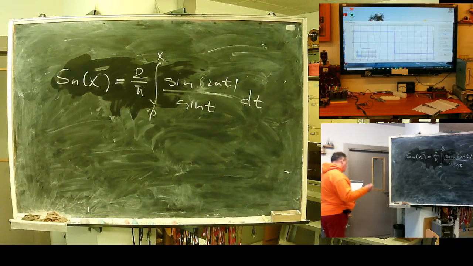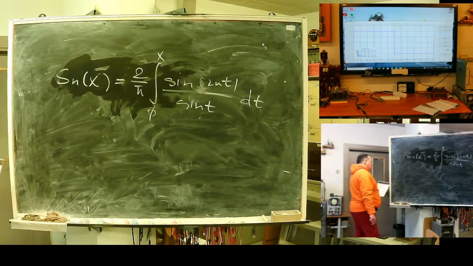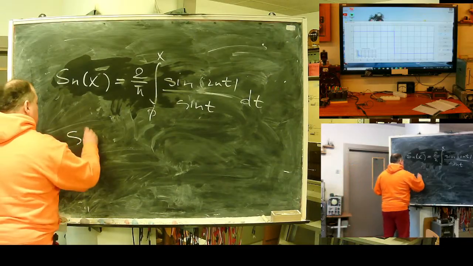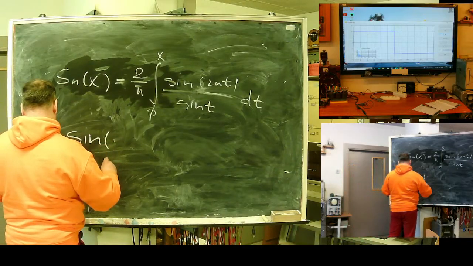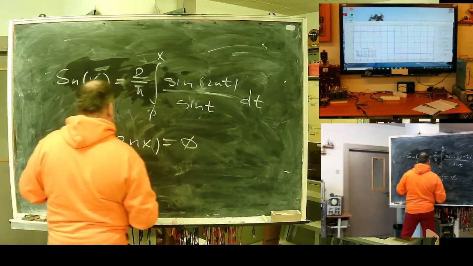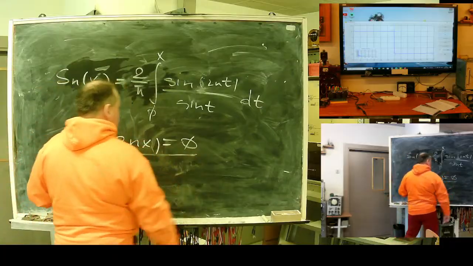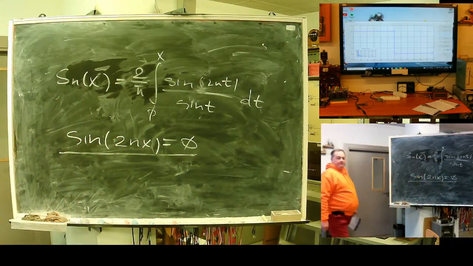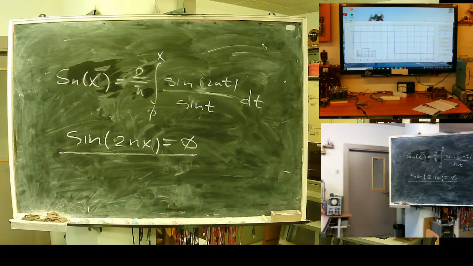For my extreme points, I simply need to solve sine 2nx equals 0. This will give me the extreme points. Clear why?